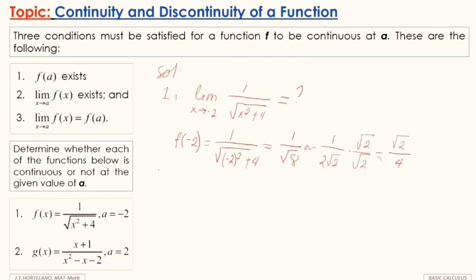we have the limit of f of x, which is 1 over square root of x squared plus 4, as x approaches negative 2.